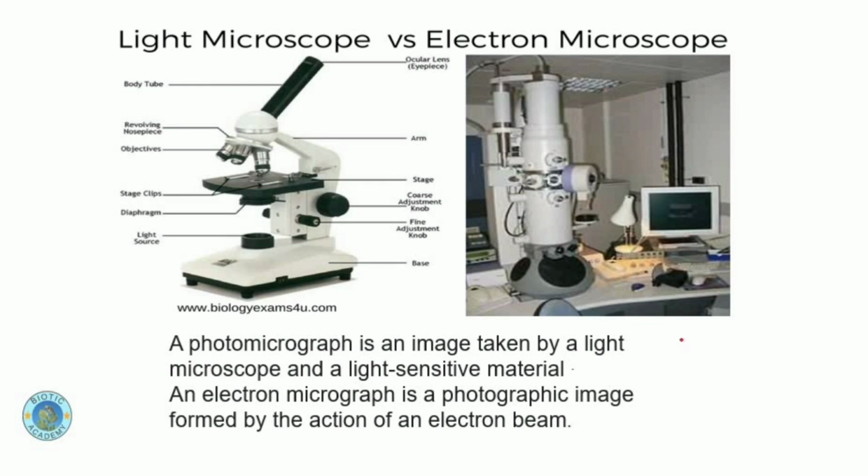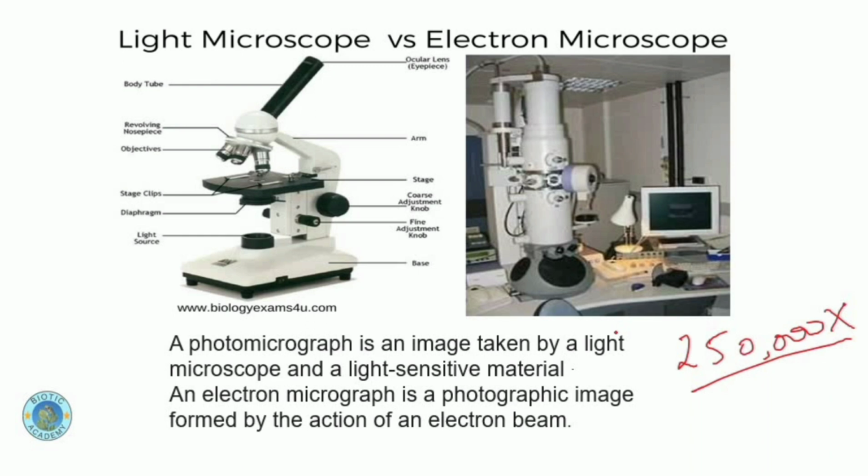Its magnification power is 250,000 times. It will show you the detailed structure within the cell, within the nucleus, the DNA and all other structures which you have studied in your syllabus. These are all structures which are visible under the electron microscope.